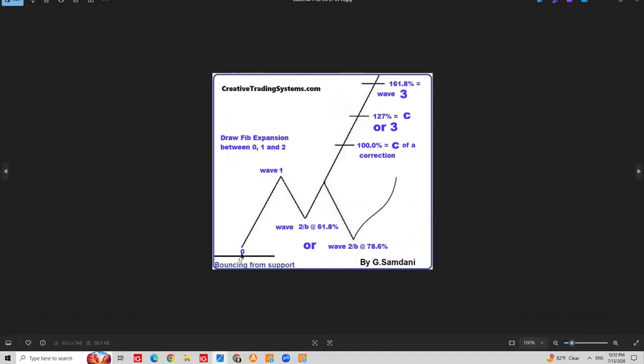And now wave one, this is wave one. Now wave two can come down here, wave two at 61%, and then come down here, go up there, and then start to go straight to the upside without turning. Or sometimes, depending on the fundamentals and all of that, the price comes down one more time.